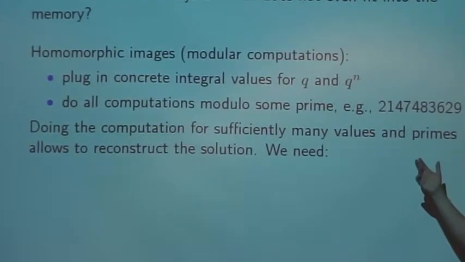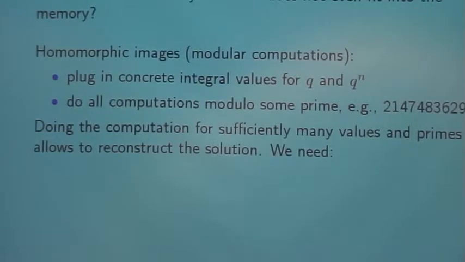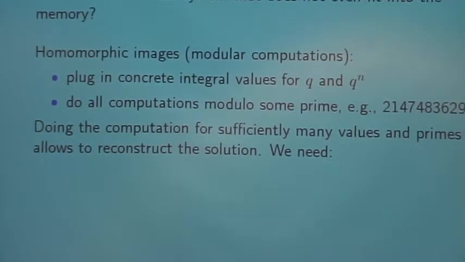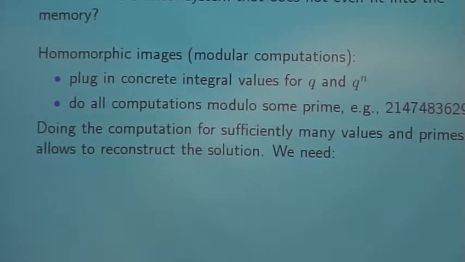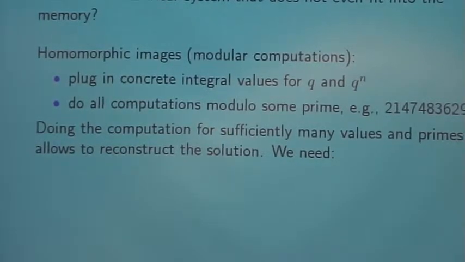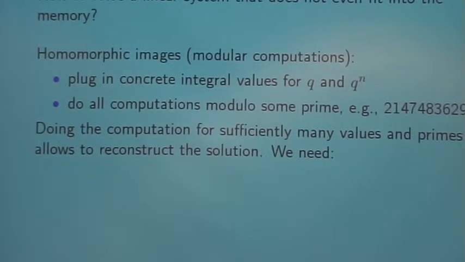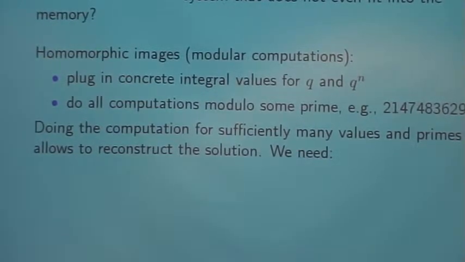And also for the final computation, what we did is to plug in many values for these indeterminates, and then interpolate the solution. So assume you know the solution is a polynomial of degree 100, then you plug in 101 different values for this indeterminate. You get 101 different solutions, and then you interpolate.